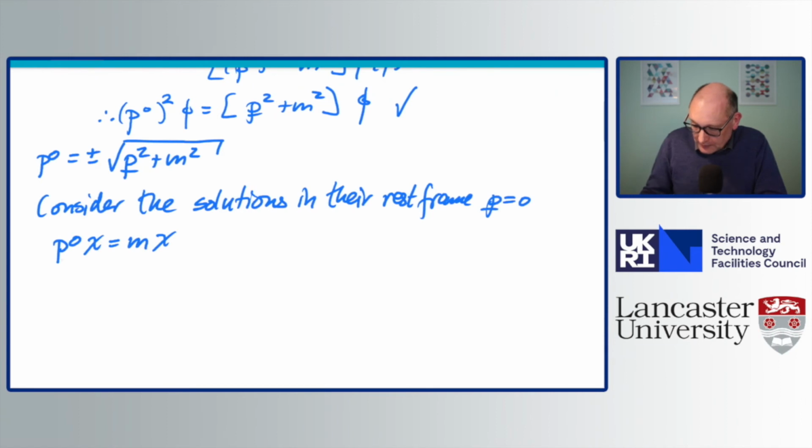So one gets P naught on psi is equal to m psi, and P naught on phi, however, is equal to minus m phi. So at rest, the energy of psi is m, and the energy P naught on phi is minus m, less than 0.